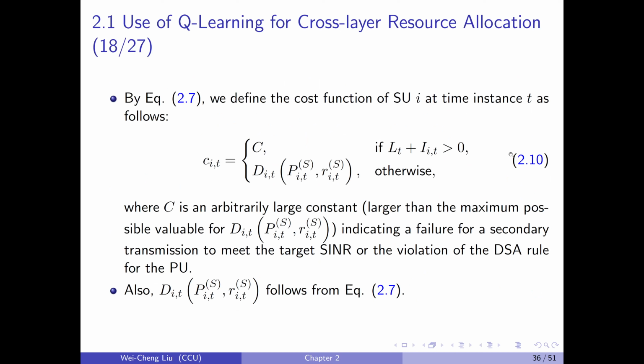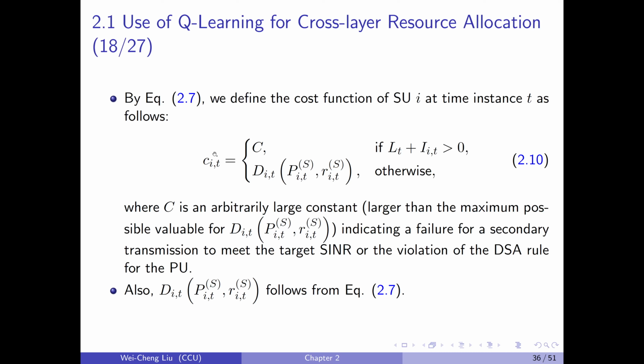Equation 2.10. So R_i^{s,t} is the fixed channel coding rate of secondary user i at time instance t, indicating a failure for a secondary transmission to meet the target SINR, or the violation of the dynamic spectrum access rule for the primary user.